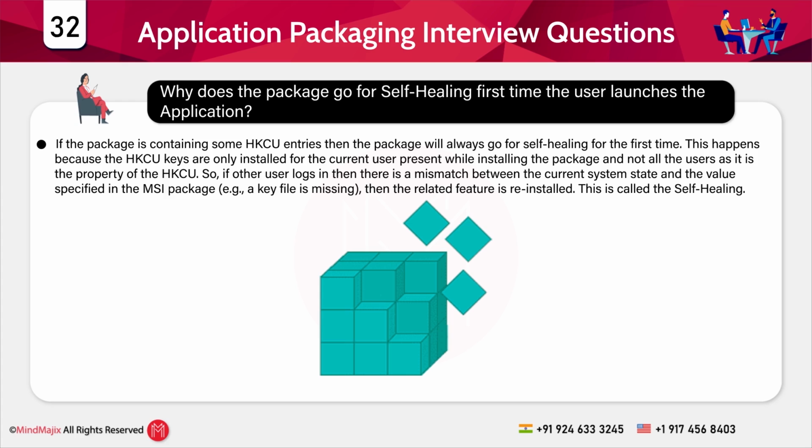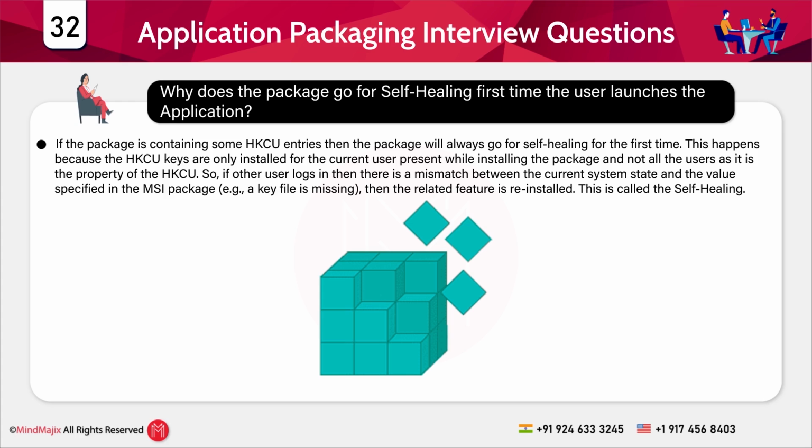That's why when the user launches the application for the first time, and if the active setup is implemented, the application will go for self-healing. This is how the application will get repaired, and the registry data from HKCU will get copied to HKLM.